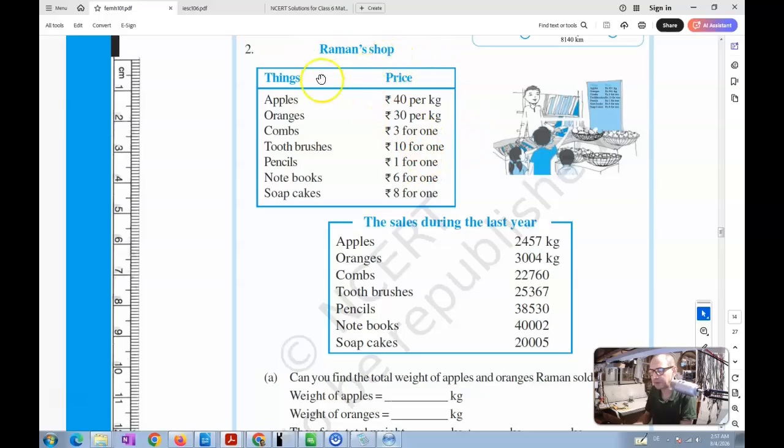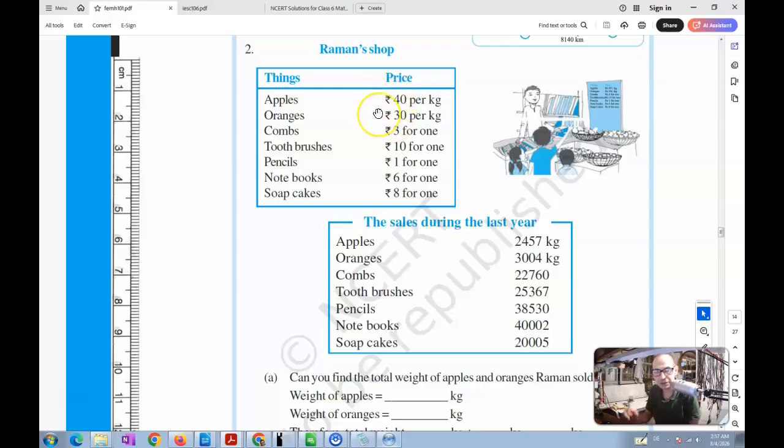Now question number 2 is Rahman's shop, and here we have different items, like apples, oranges, combs, toothbrushes, pencils, notebooks, soap cakes, and so on. You see that the price has been written, and this symbol over here is the symbol for rupees, which is the currency unit in India.